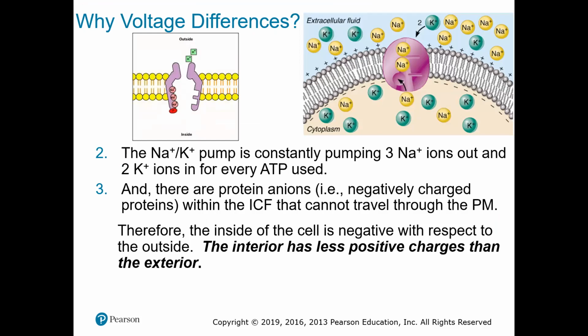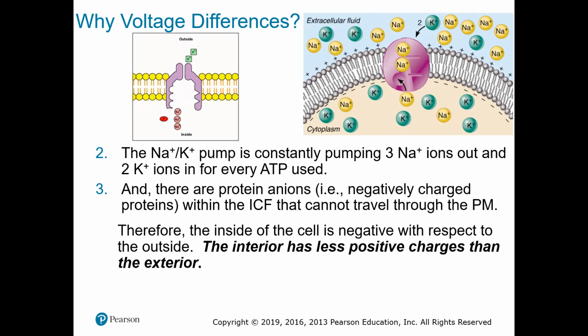We use the sodium-potassium pump to pump sodiums out all the time and to bring the potassiums back in. Because if we were to reach equilibrium, the cell would have no charge and no membrane potential, and it would not be able to do anything. It would be essentially dead.